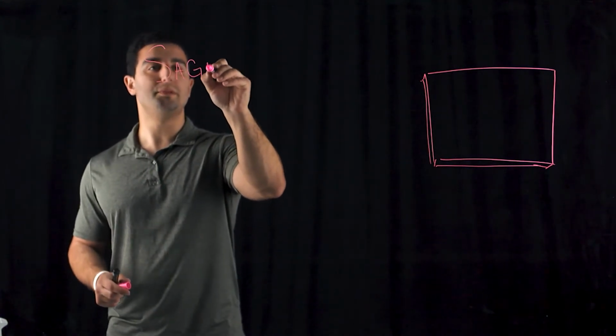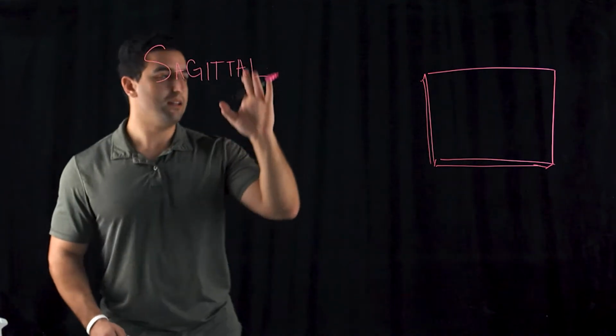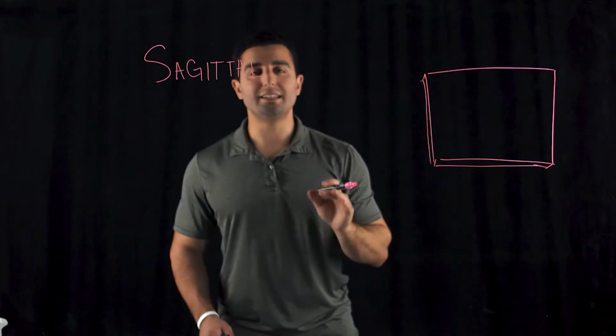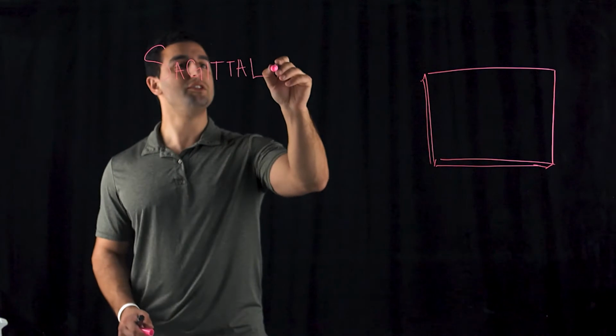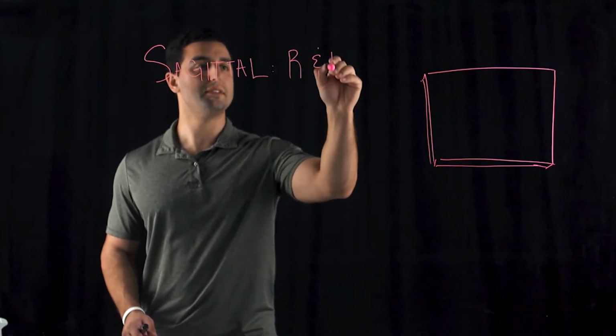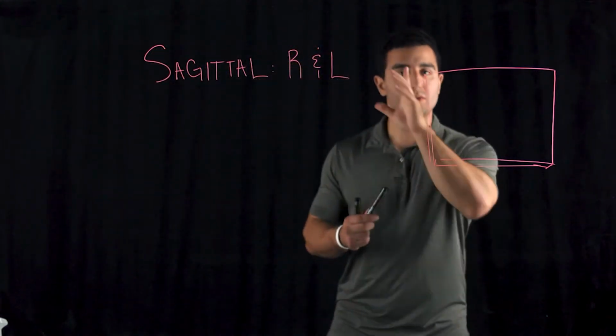So sagittal plane is a type of plane that goes directly downwards, and it separates the body into right and left sections. Okay? So, sagittal plane, right and left.